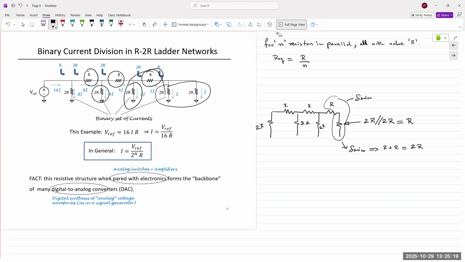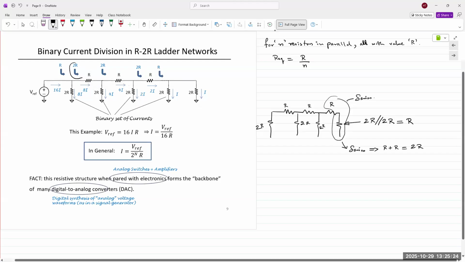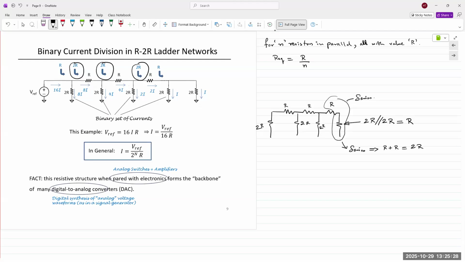So Req, looking into all of these circuits, is 2R, 2R, 2R. The reason is because you have two resistors in parallel on the right, so R plus R gives us 2R. That's what those arrows mean at the top, looking into the circuit from that point.